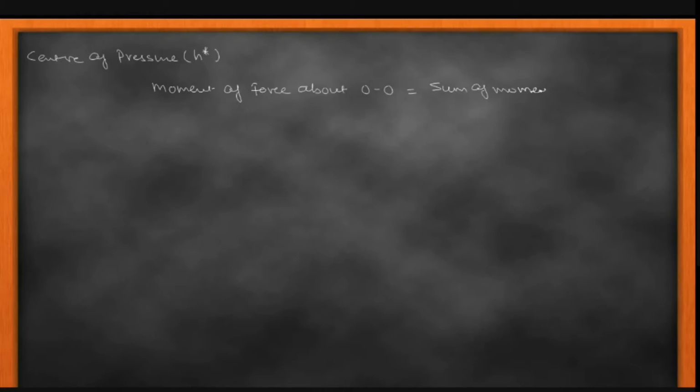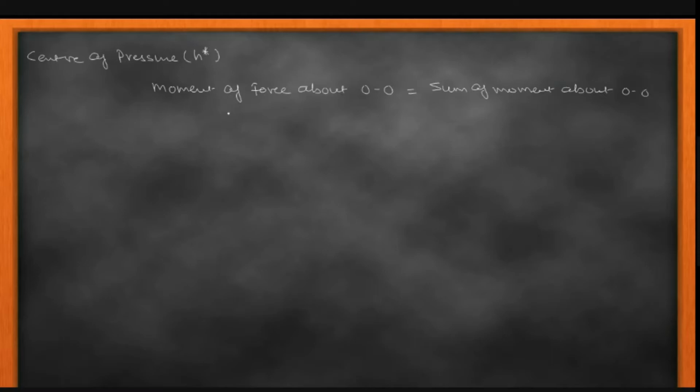So for finding the center of pressure, again we need to take the moment of forces about the reference axis OO, which equals the sum of the moments of all the strips about the same OO dash.